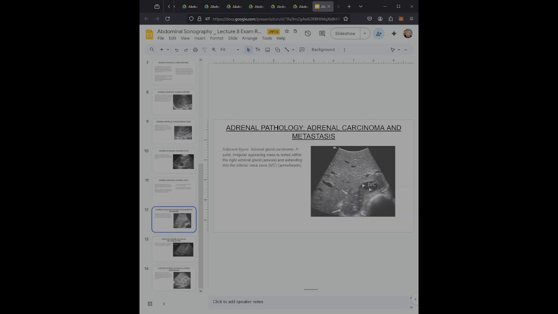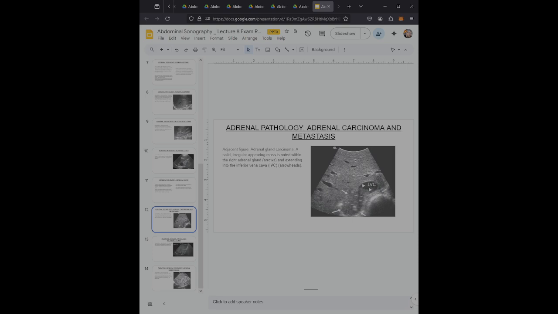Adrenal carcinomas. Primary adrenal carcinomas, such as adenocarcinomas, are rare. Malignant adrenal tumors will often produce symptoms associated with Cushing syndrome, because they may be functional tumors that impact hormone production.